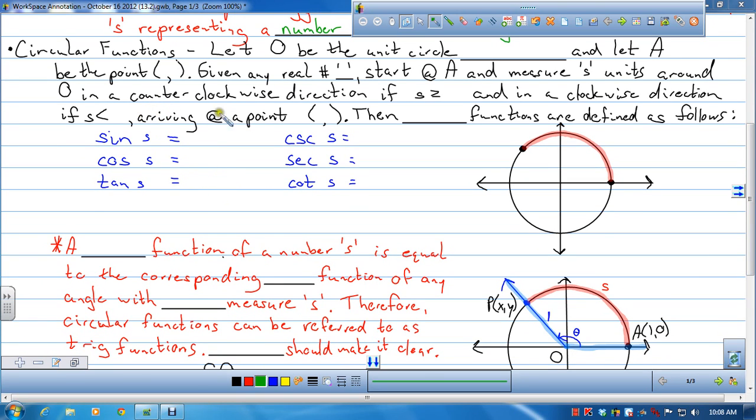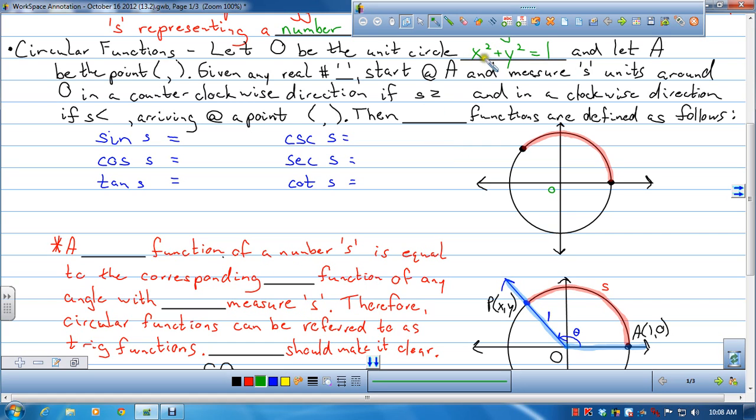Circular functions. We're going to let O be this circle right over here, and we're going to let that be the unit circle, which is defined as x squared plus y squared equals 1.